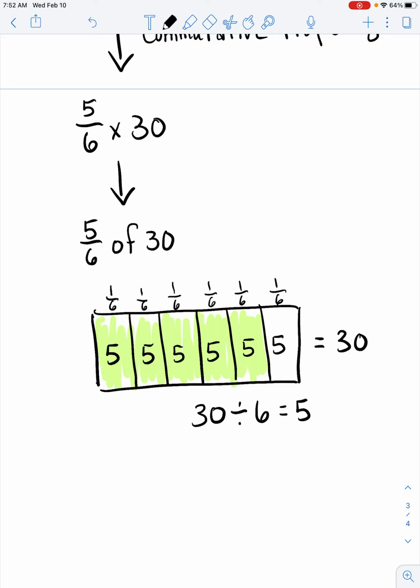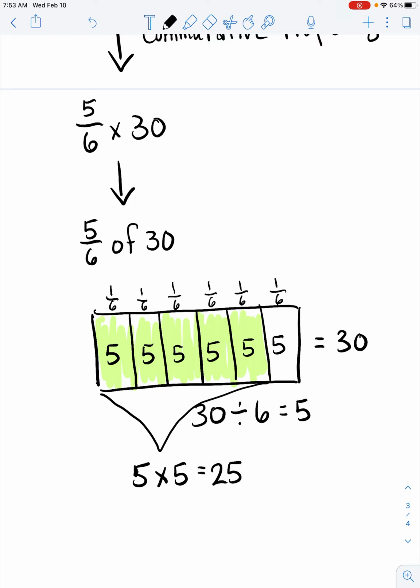So I have 5 boxes times a 5 in each box, and that is going to be 25.